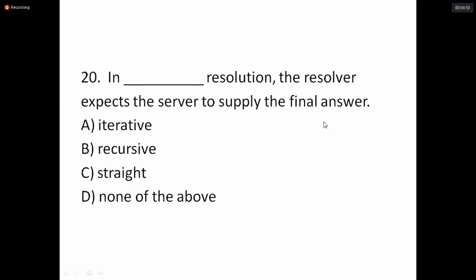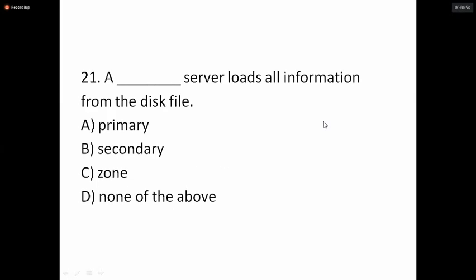Okay, so let me go with the next. A dash server loads all information from the disk file. Yesterday I discussed, primary. A primary server loads all the information from the disk file. Okay, so go with the next one.